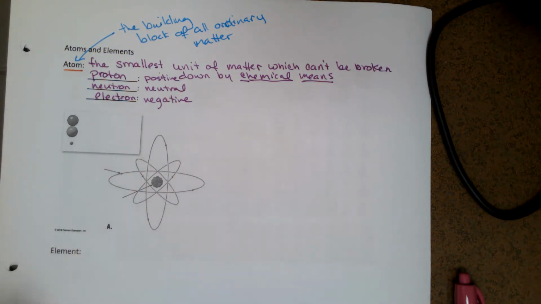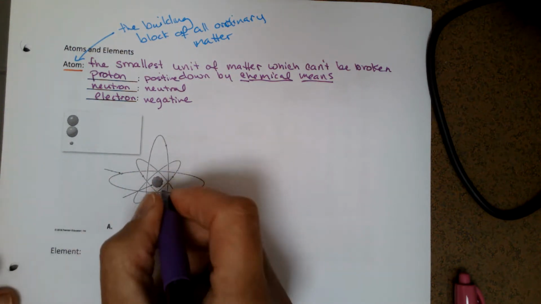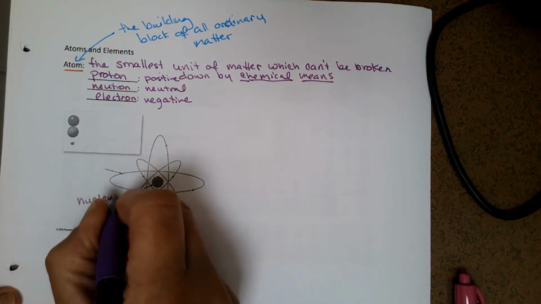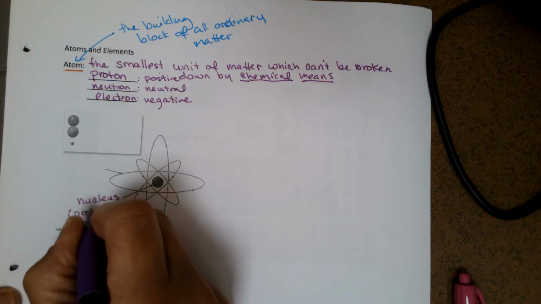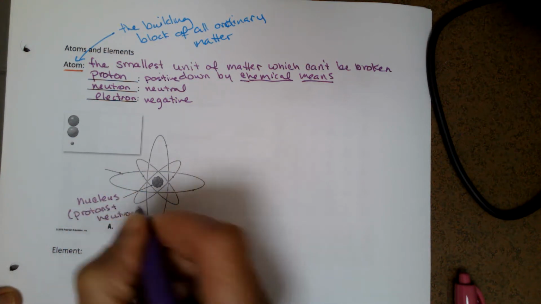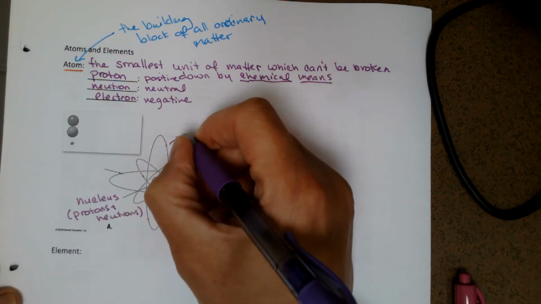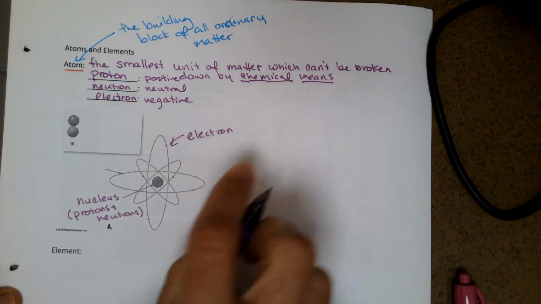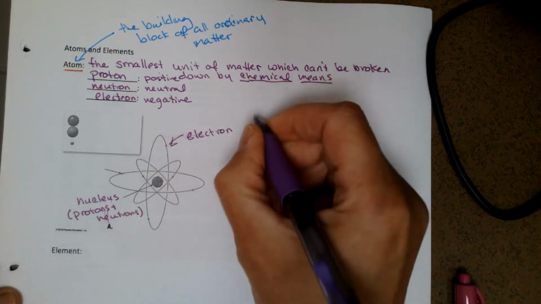So protons and neutrons live in this part of the atom known as the nucleus. Whereas electrons travel around the outside in shells.